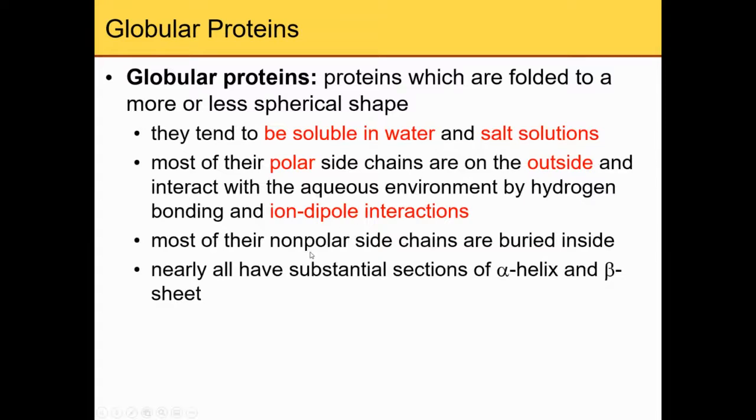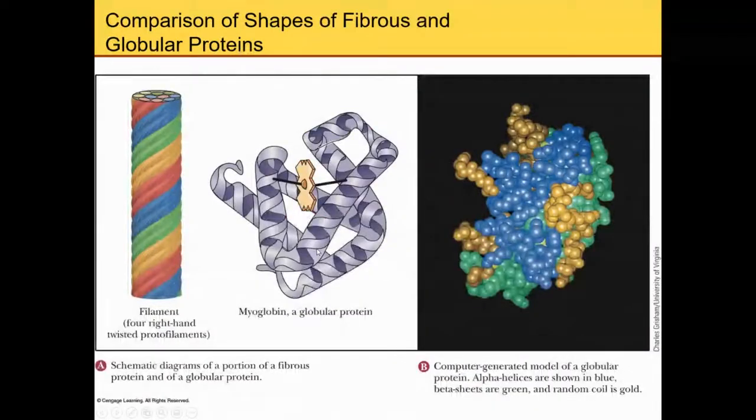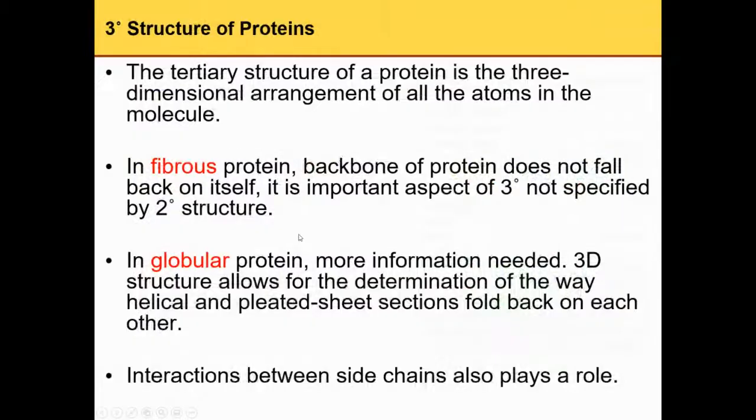Nearly all have a substantial section of alpha helix and beta sheet. That's globular protein. So this is fibrous protein and globular protein, right?